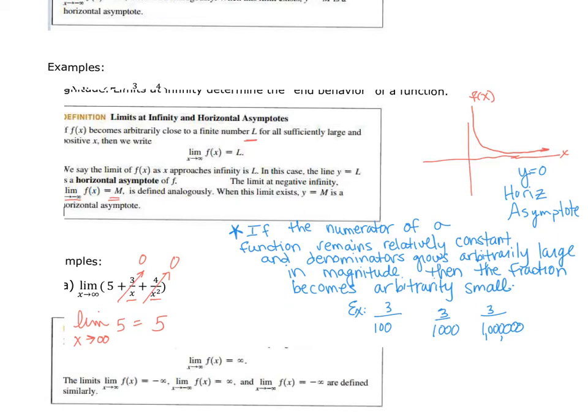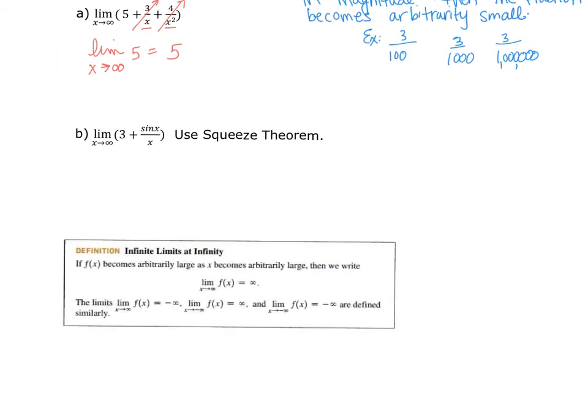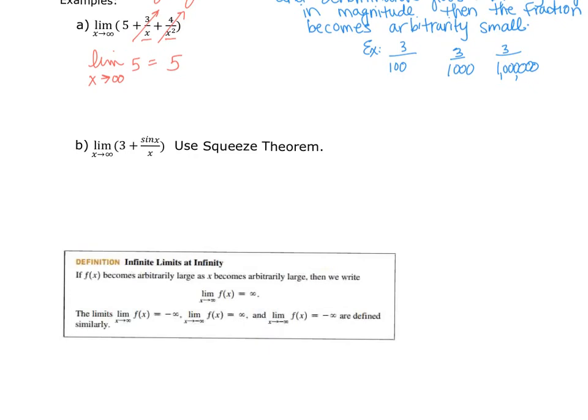So let's take a look at this next example. This one's not so easy because certainly we could take the limit as x approaches infinity of 3 and then add it to the limit as x approaches infinity of sine x over x.